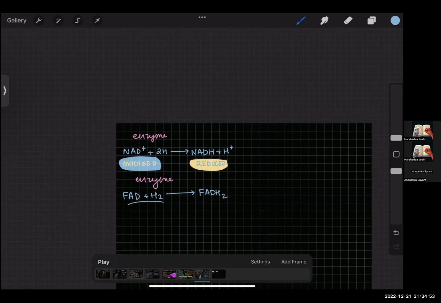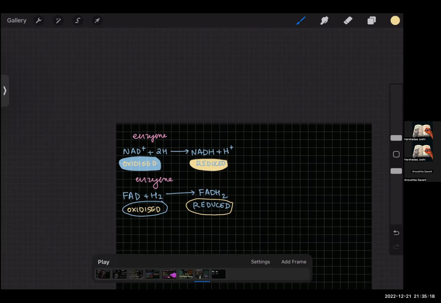Here again you are going to have oxidation and reduction that's going to occur. Okay, these are two reactions that have to be understood.